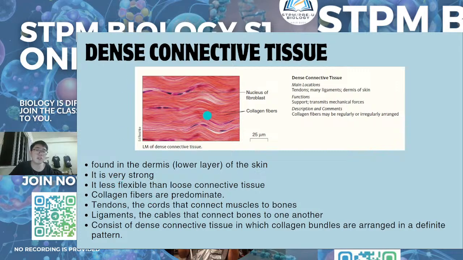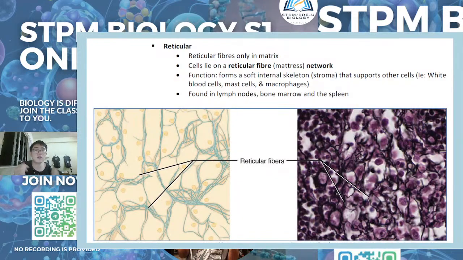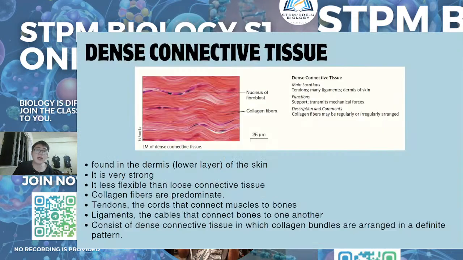Normally, this tissue is very strong, and it is less flexible than loose connective tissue. So because it is strong but less flexible lah, you cannot stress this tissue sesuka hati compared to the loose one. If you stress the tissue, the tissue maybe will break.